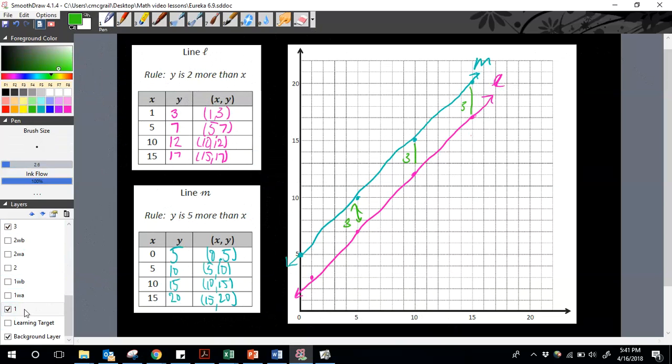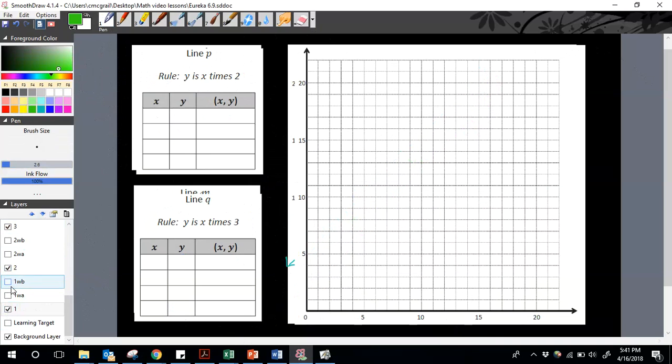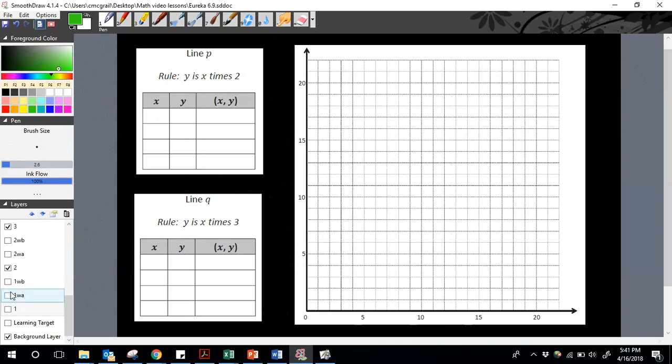Go ahead, turn your paper over. Let's do something similar with problem number 2. Okay, now in problem 2, we have some new rules, but they're a little bit different. This time we're not adding to x, we're actually multiplying x. So the rule says y is x times 2. So what that means is that for any number of x that I choose, y is going to be 2 times as much.